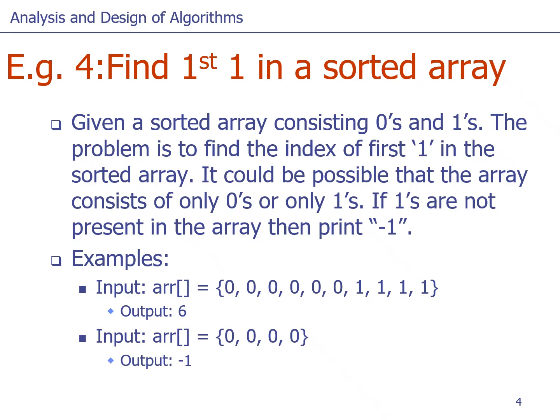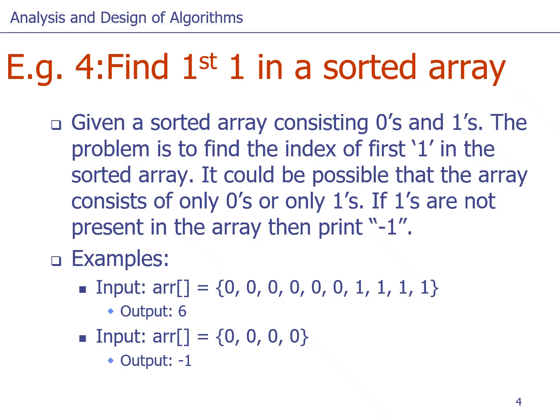But you could replace the zeros and ones with any two other values that are sortable. So it could be like the colors red and green, for example, or genes. So let's do it on zeros and ones.